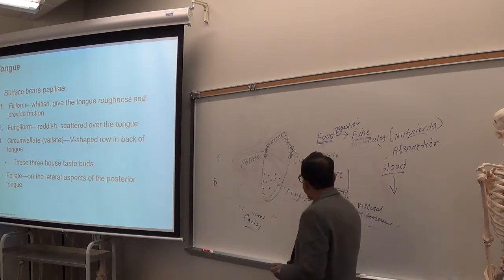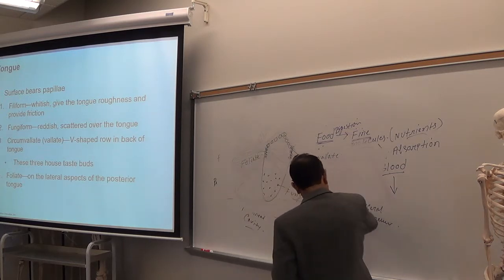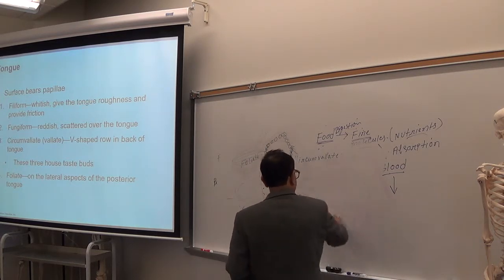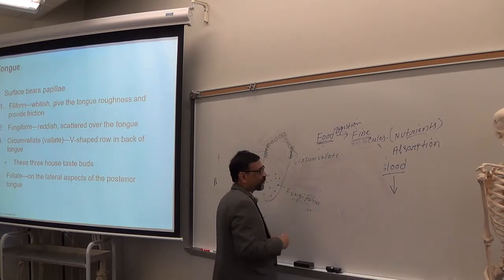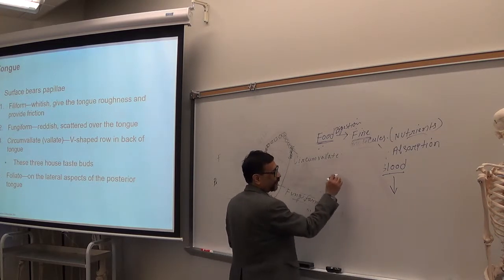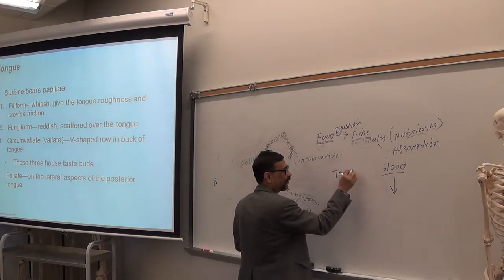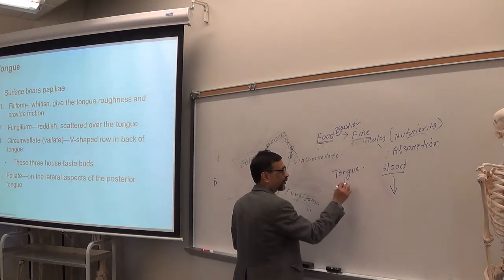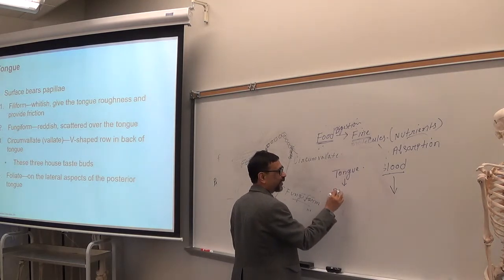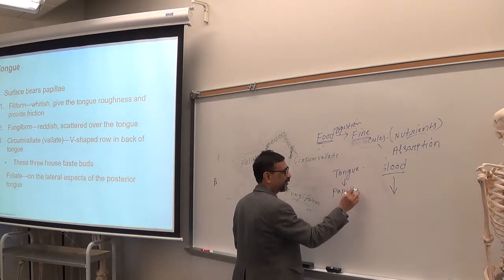The taste receptors, as I mentioned, are located inside the papilla. So, if I go from large to small, first is the tongue. On the surface of the tongue, you have papilla that you can see.